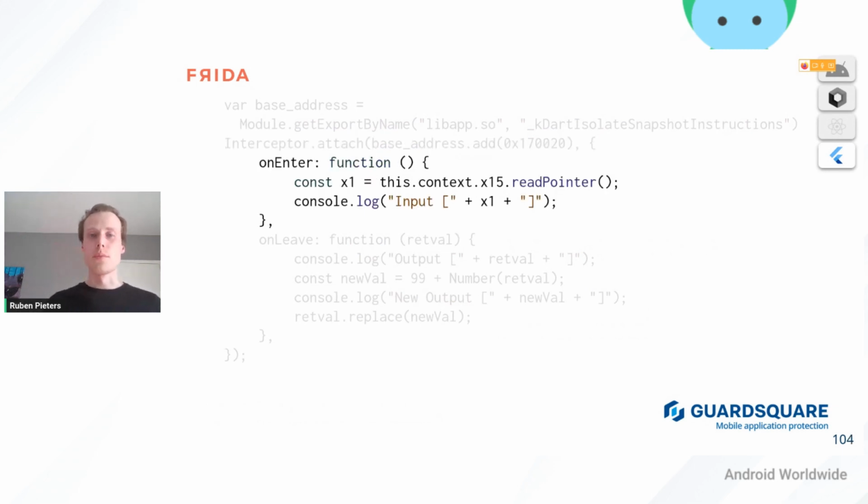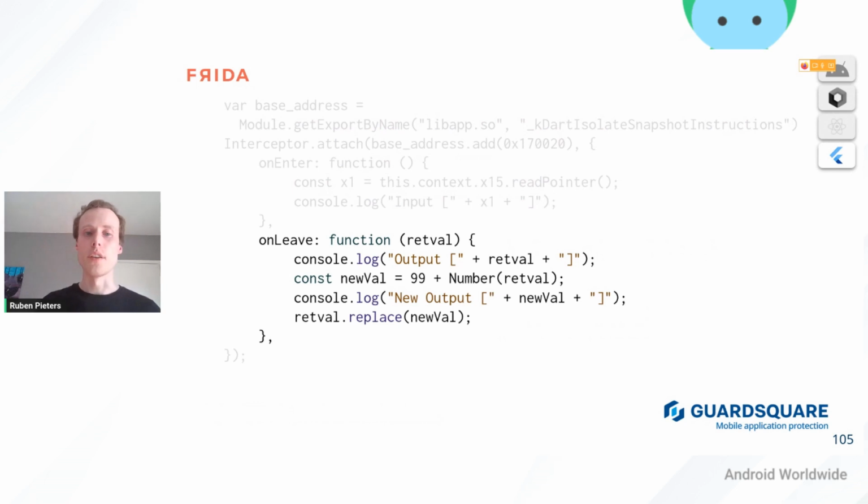This is similar to what we did before with the other increment coffees function in the base Android version. We're going to read the input value, and then modify the output: after leaving the function, we're going to add 99 to the output value.